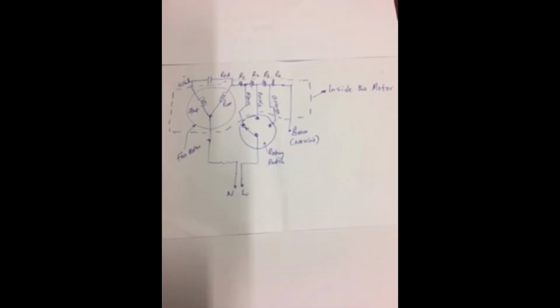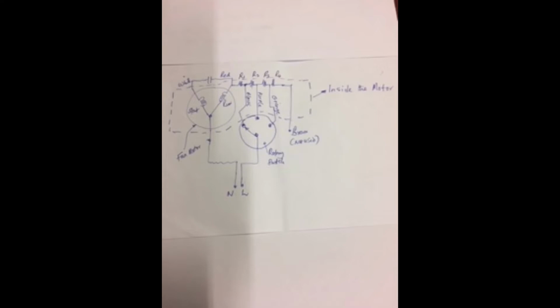What it means is that internally there is already a connection of one of these supply cables to the run. The run gets a direct power supply line, and the other end of the capacitor also gets supply.